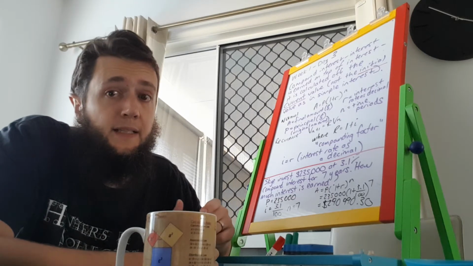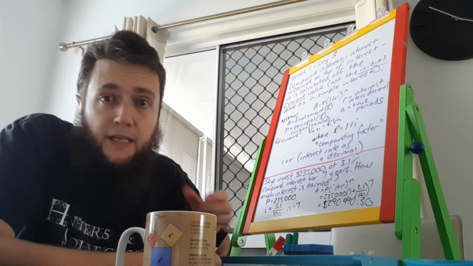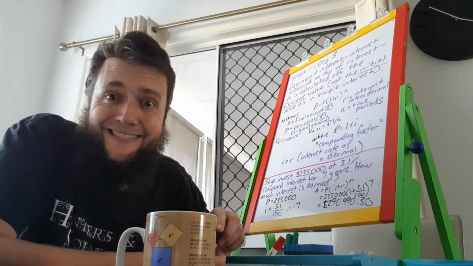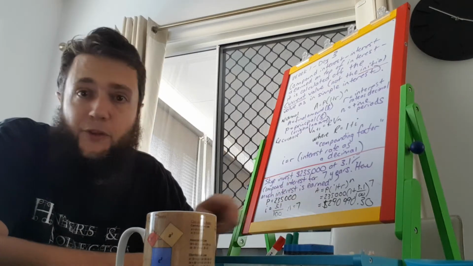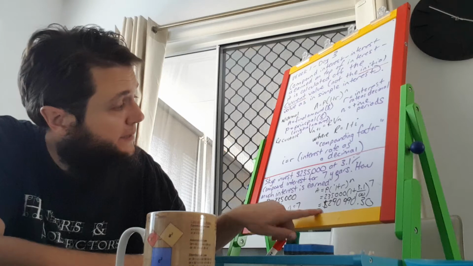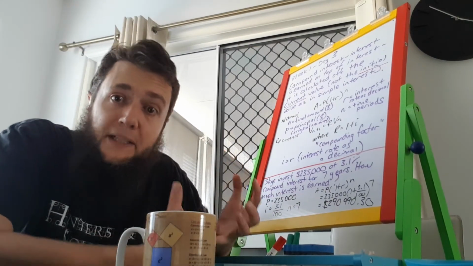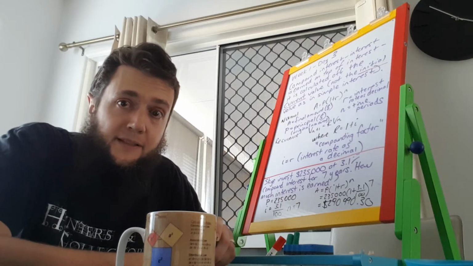Sometimes you'll also be asked, well, how much interest did Sky earn? Do you know how to calculate that? If you started with that and you ended up with that, how much interest was earned? It's just going to be that number, subtract that number. That'll give you the amount of interest, how much additional money Sky earned by having this investment.